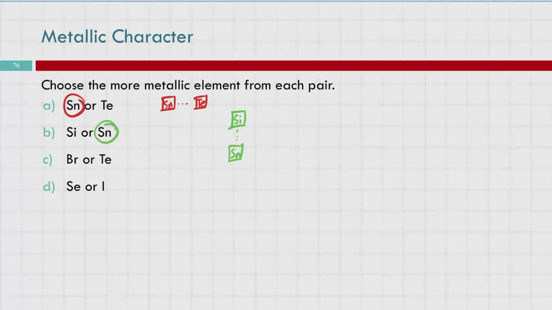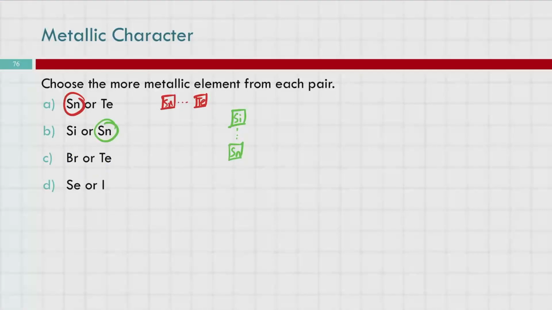It is Sn. It's further down. It's also a metal. Sn is tin. Silicon, famously a metalloid, or a semi-metal used in semiconductors. Then we've got Br or Te. Te, because it's further to the left, and it's also further down. So it wins on both counts.